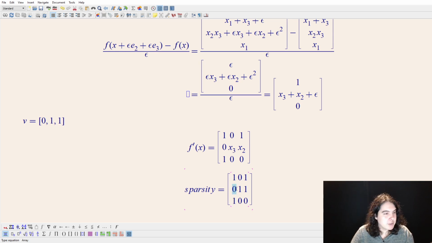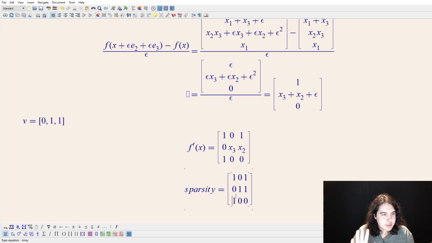But if you perturb in e2, there's no epsilon that shows up here. And there's no epsilon in the last equation, but there is an epsilon in the second equation, which means if you overlap these two, there's only one epsilon that shows up in each equation.